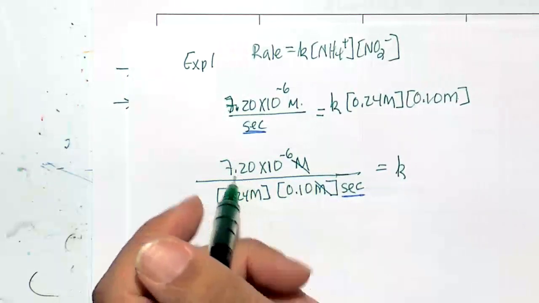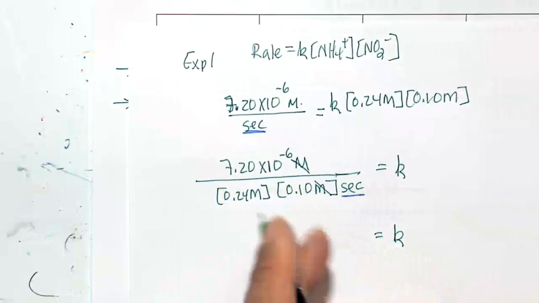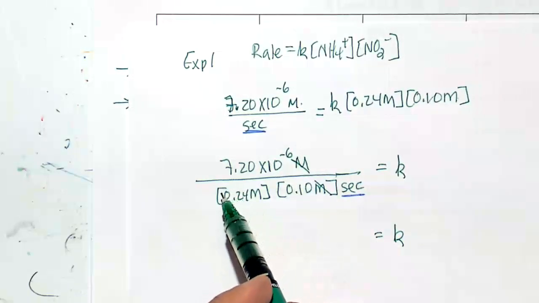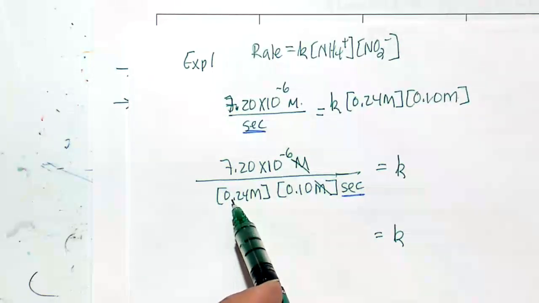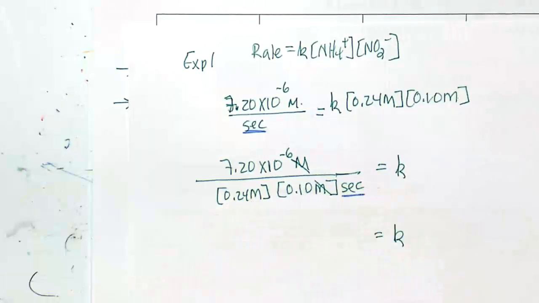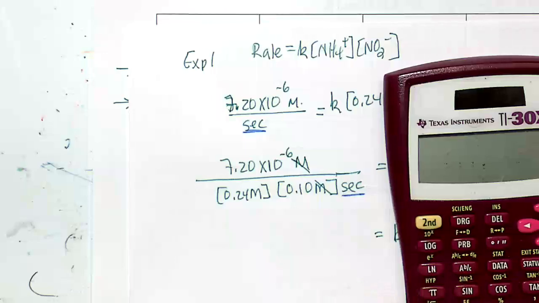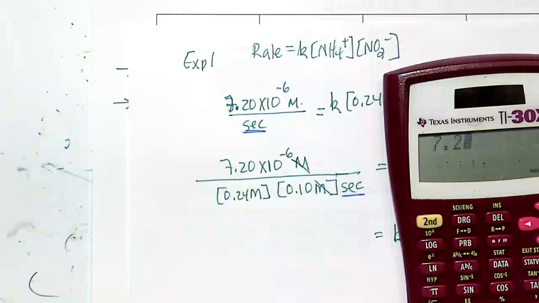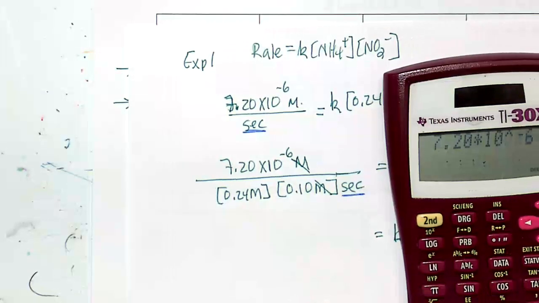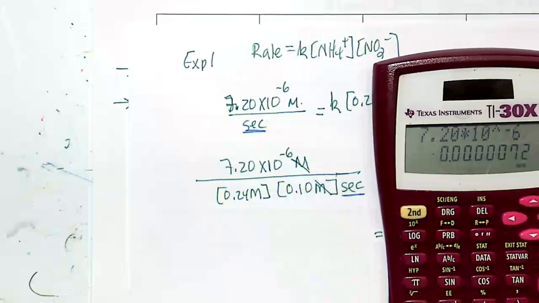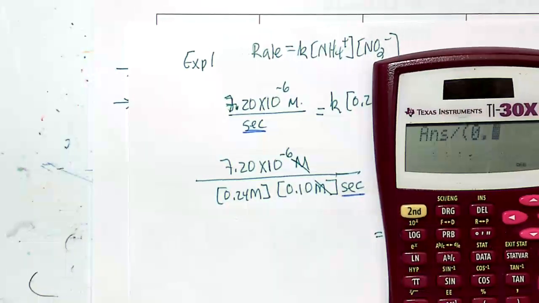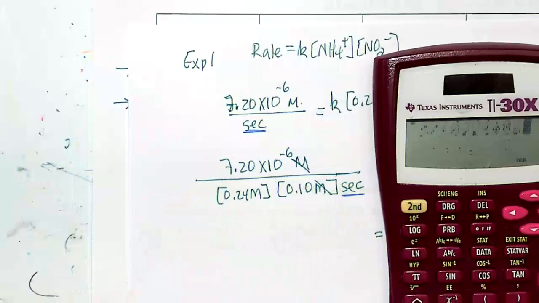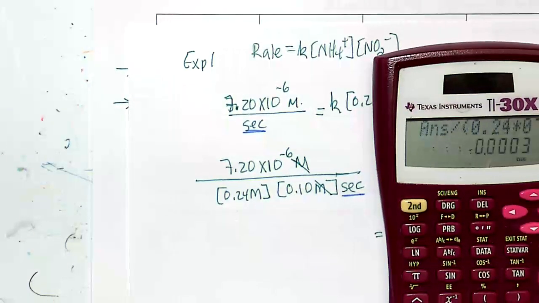So M's cancel, so we're getting K equal to 7.20 times 10 to the minus 6 divided by 0.24 times 0.10, and that's 0.0003.